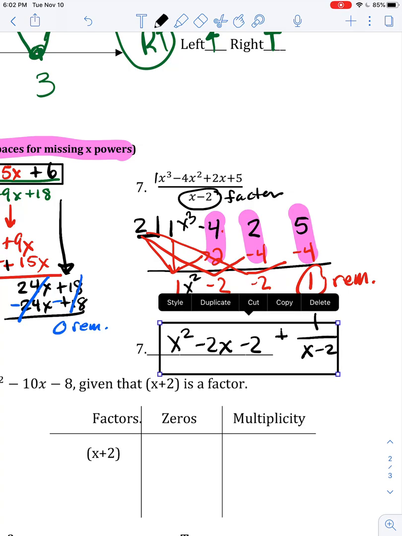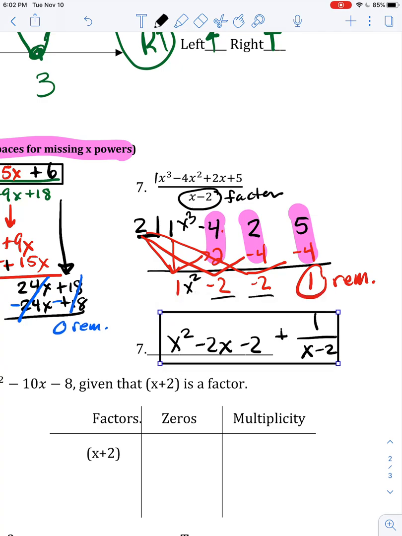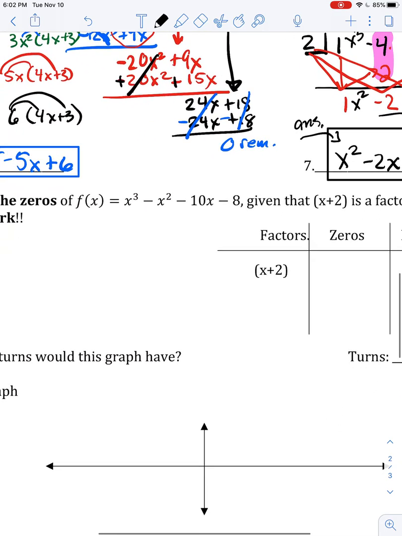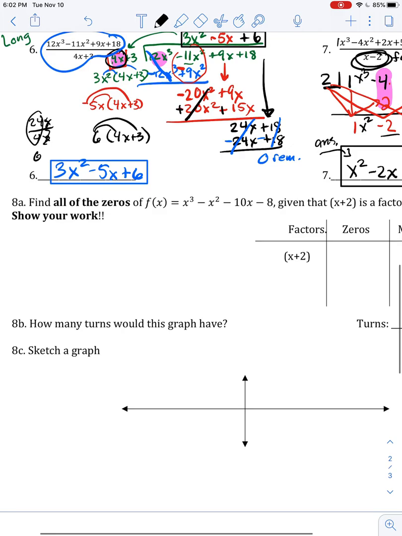So my answer looks like this whole thing, where this was the answer over here. Stop moving around, little box. This was the answer over here. This was the remainder, which is this last guy. And then this is what I divided by. So you found that over here at the top problem.